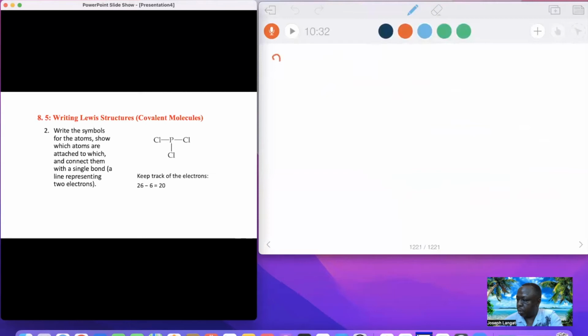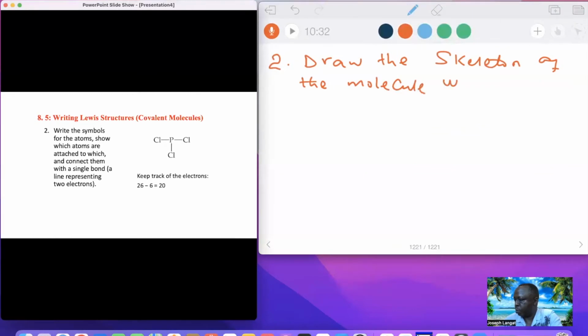Rule number 2: draw the skeleton of the molecule with the less electronegative element at the center.